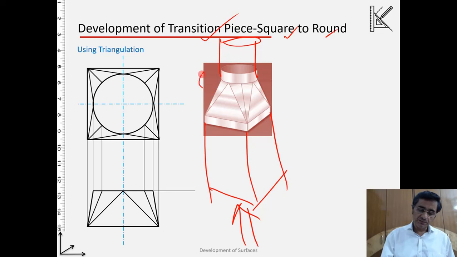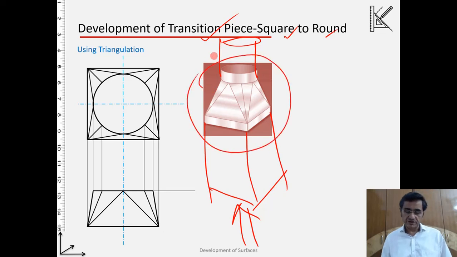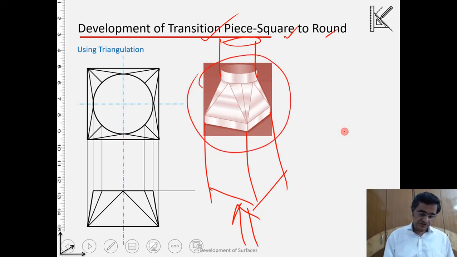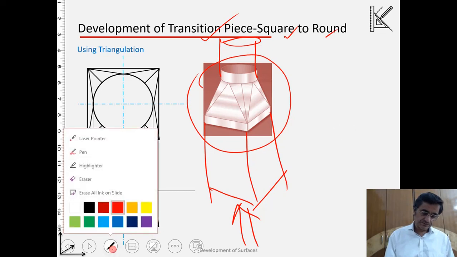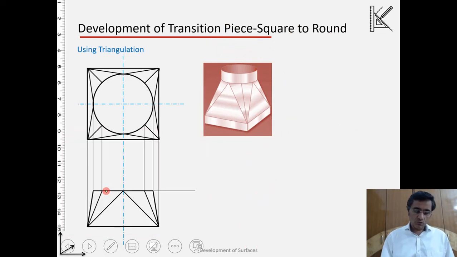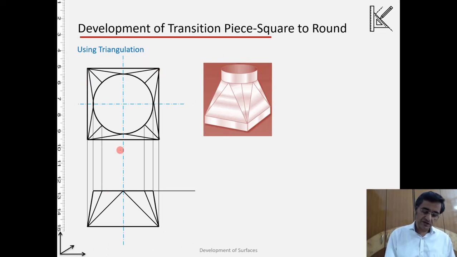So we need in between a transition piece, and the transition piece looks like this. Corresponding to this transition piece, we have generated the horizontal projection and the frontal projection.